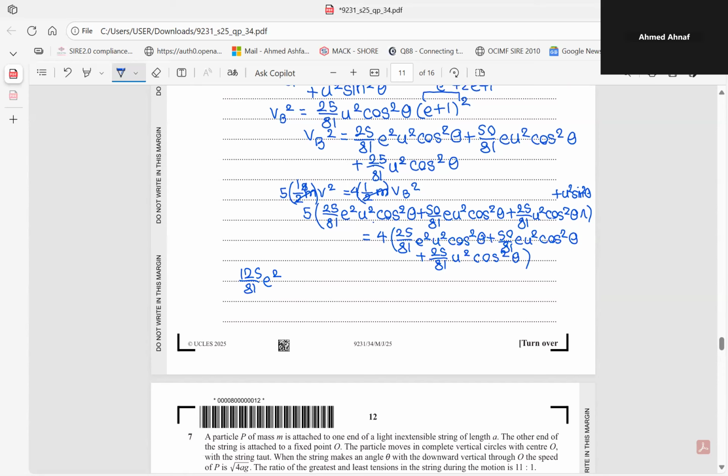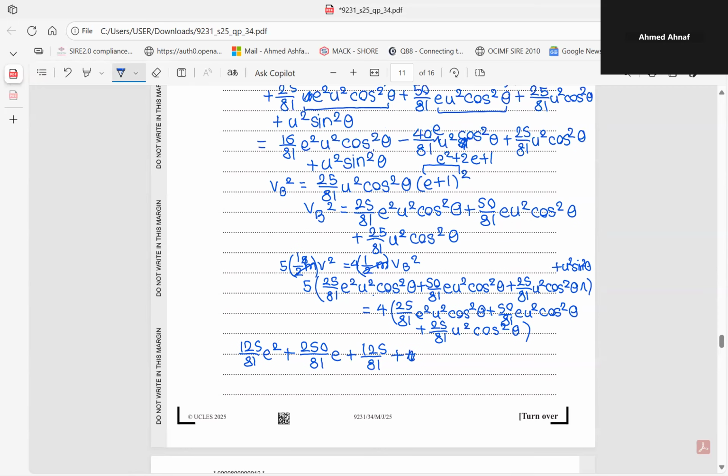50 times 50 over 81, plus 250 over 81 e, plus 125 over 81, plus tangent squared theta.